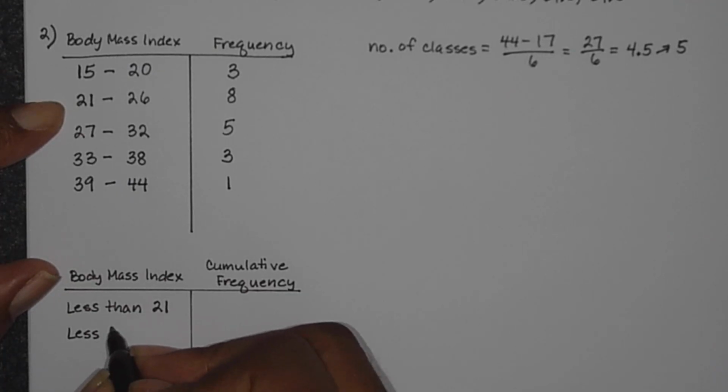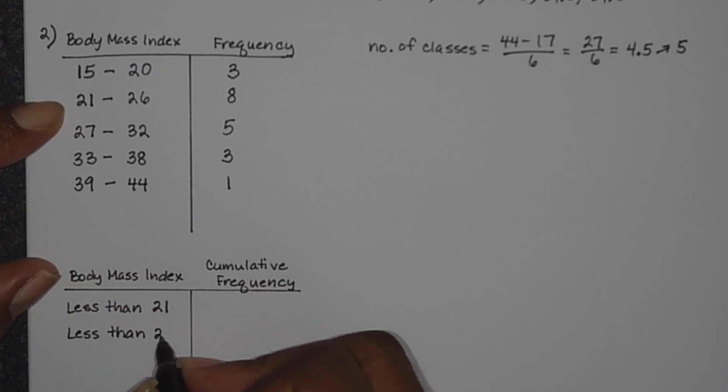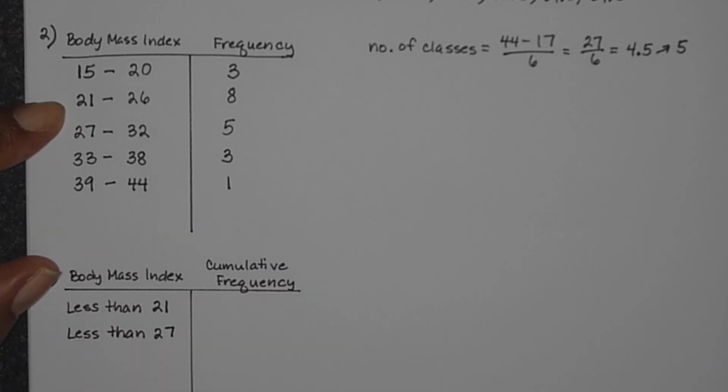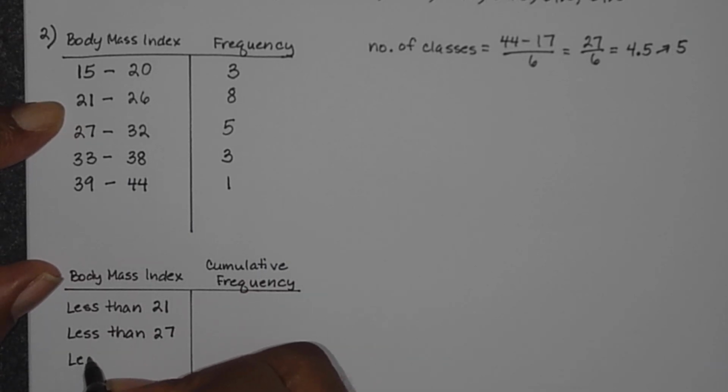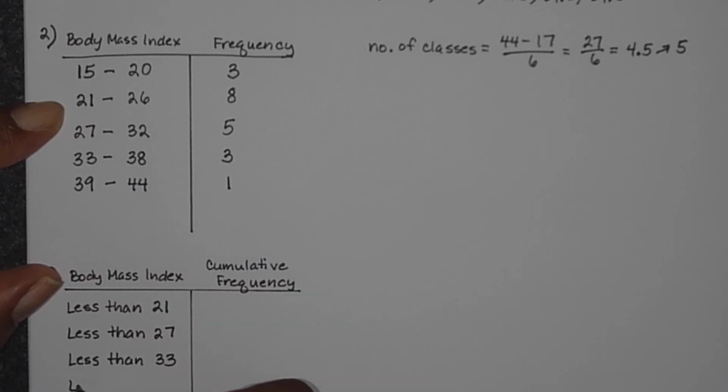And my class width, of course, is still going to be 6. So if I add 6 to that 21, I'll get 27. Then next will be less than 33. And then less than 39. And then the last one will be less than 45.